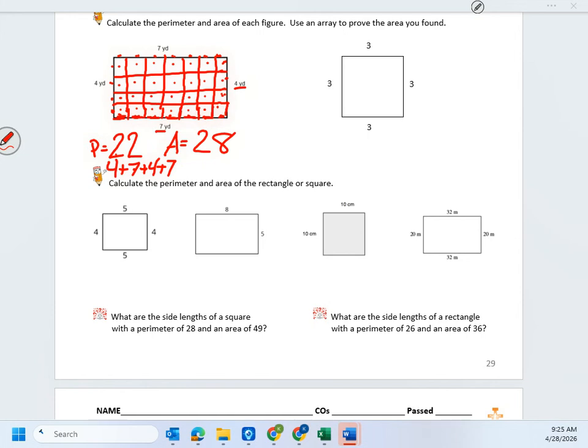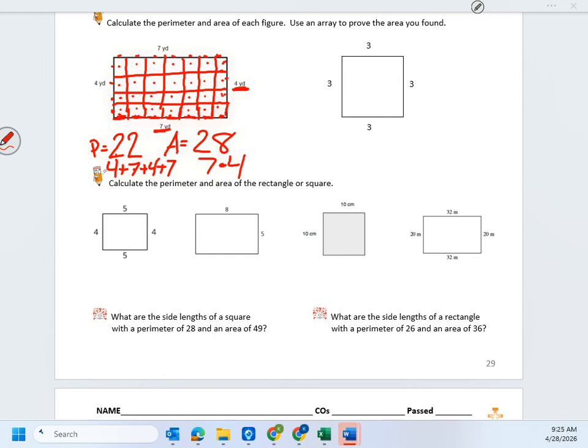Whew. That was a lot of counting. And we will have shapes that are much bigger than that. We're proving that it's filled with 28 squares. To do it the easier way, especially when we have much bigger numbers, we just do our length times our width. 7 times 4 gets us that 28.